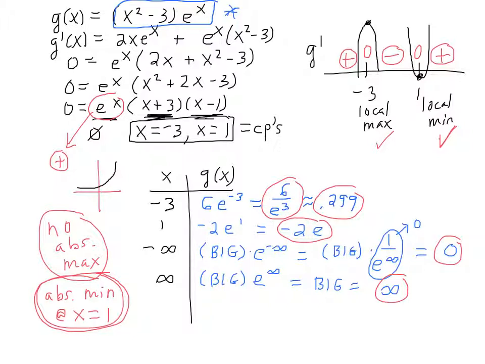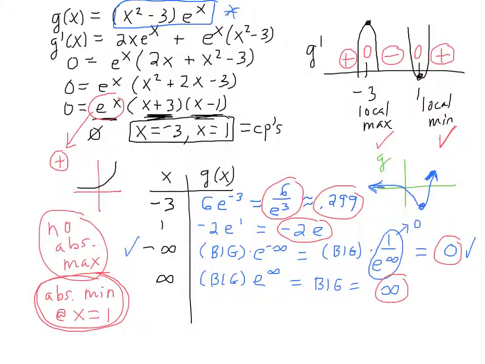And finally, just to confirm this, if you were to sketch a graph of G using your calculator, what you would see is a function here that levels off at 0. Okay, so as x approaches negative infinity, we talked about how the y value is approaching 0. So that's shown over here on the left side. On the right side, it's going up forever.